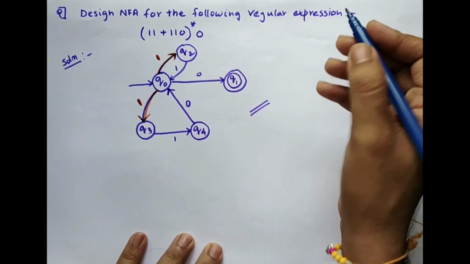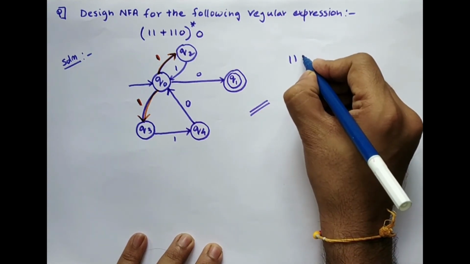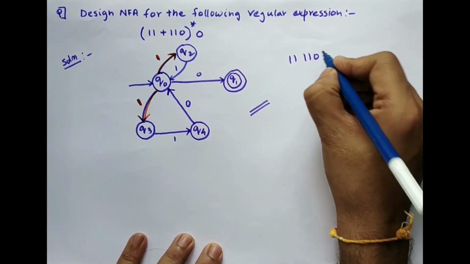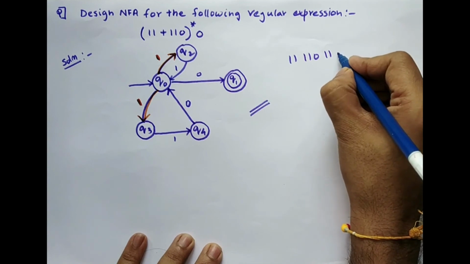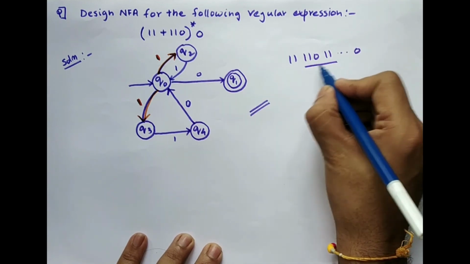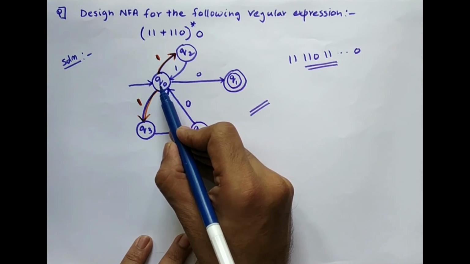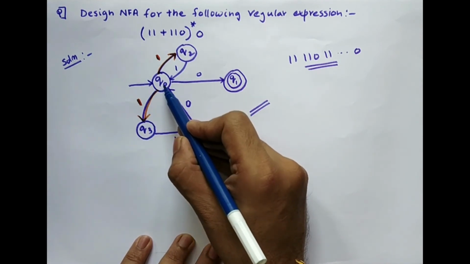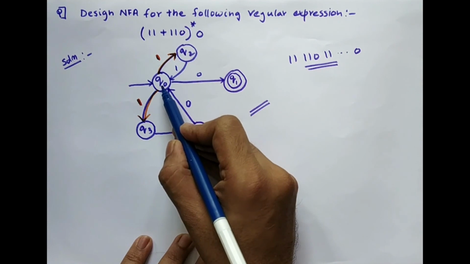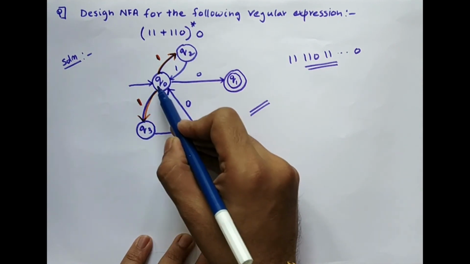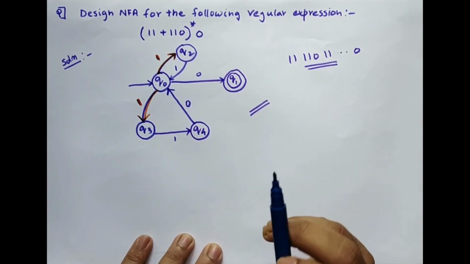So if somebody gives you a string, say 1 1 0, 1 1 0, and so on, ending with 0, it would be very simple. 1 1 will take you to Q0. Then 1 1 0, again to Q0. 1 1, then 1 1 0, and finally ending with 0.